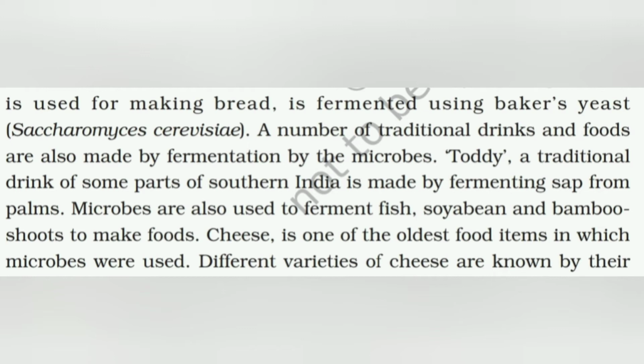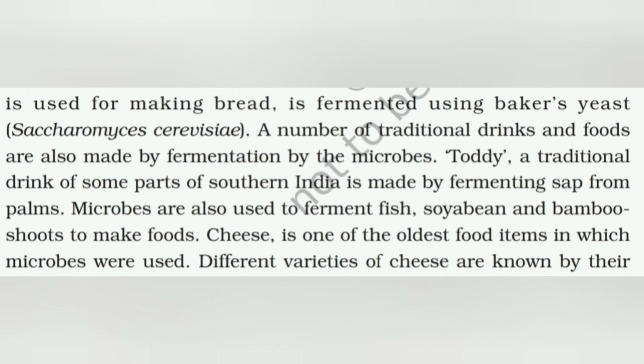A number of traditional drinks and foods are also made by fermentation by the microbes. Toddy, a traditional drink of some parts of southern India, is made by fermenting sap from palm. Microbes are also used to ferment fish, soybean, and bamboo shoots to make food. Cheese is one of the oldest food items in which microbes were used.